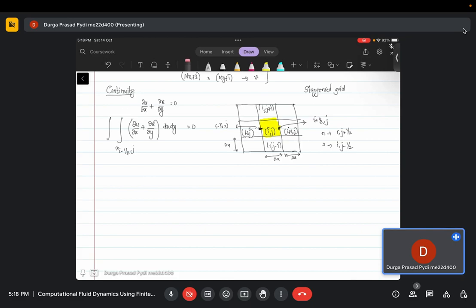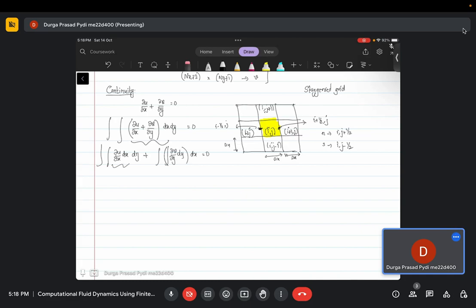Or let's not confuse this here. When we actually implement it, it will be a little easier. So when you do this integration, for the first part you have del u by del x dx, and then an integral in dy, and you have del v by del y dy, and then a dx.